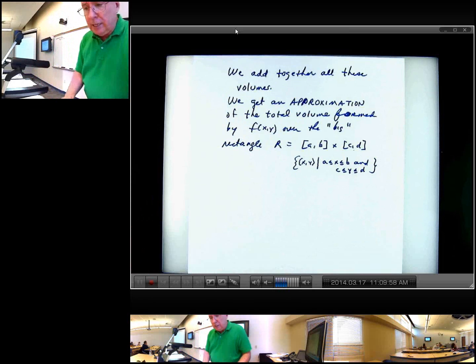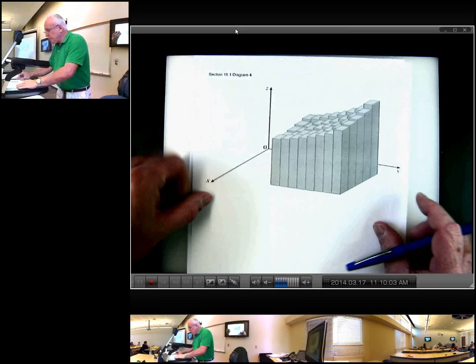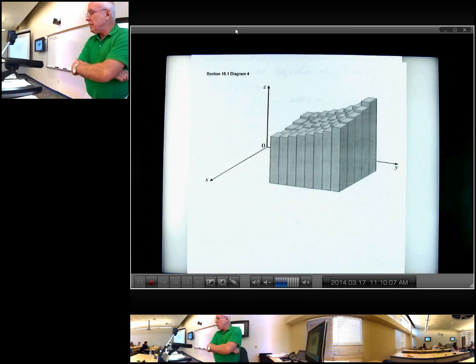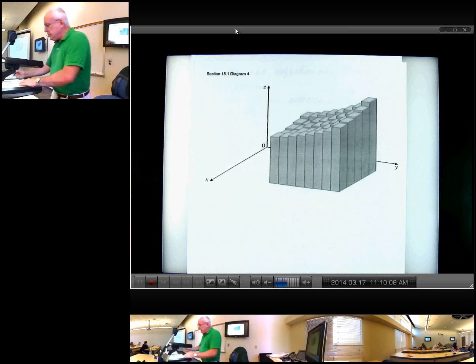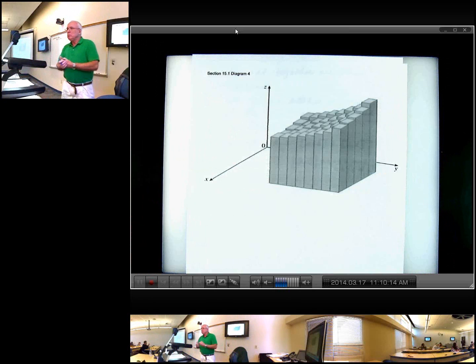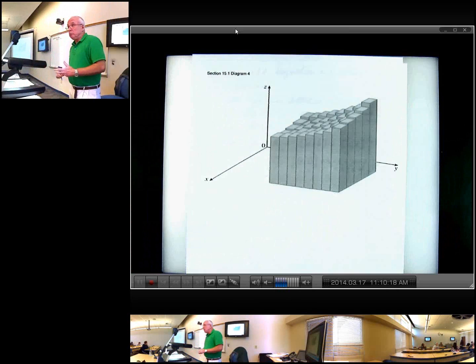Okay, so let's look at a diagram here, approximation. There at the bottom is our rectangle R, and what we've added together are all of these individual volumes for each of the rectangles.